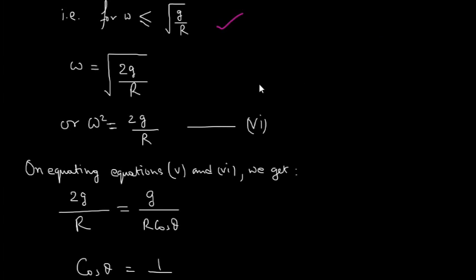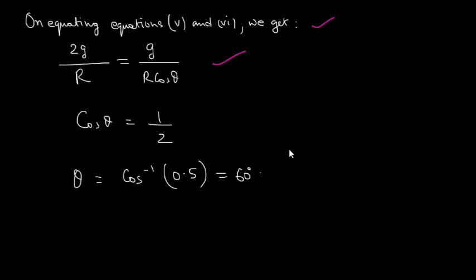So we can write ω = √(2g/R), or ω² = 2g/R, equation number 6. On equating equation 5 and 6, we get 2g/R = g/(R² cos θ)... therefore cos θ = 1/2, θ = cos⁻¹(0.5), that is 60 degree.